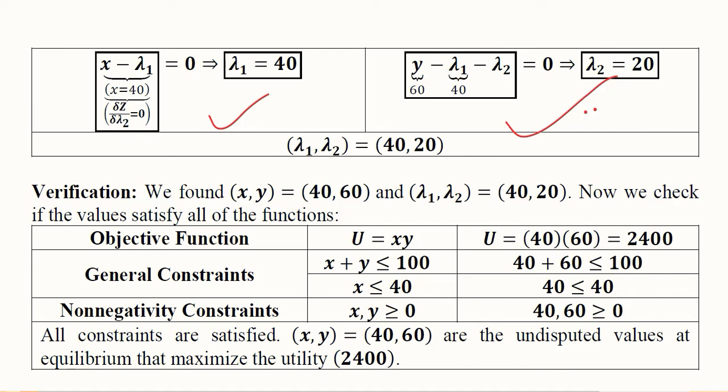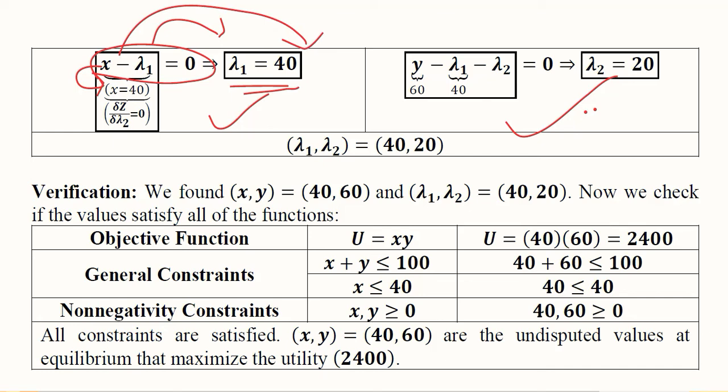So we can solve them easily. This one will give us the value of lambda 1, because it's easy to extract the value of lambda 1 as x is equal to 40. So if x is equal to 40, it means that we can put here the value and lambda 1 will be equal to 40.